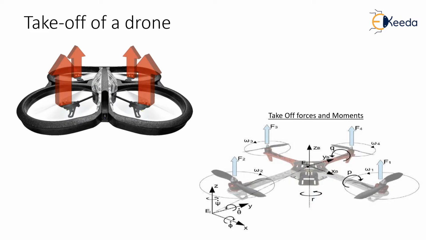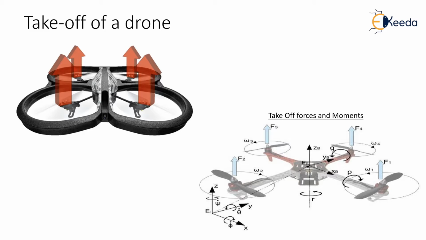upwards. All the forces must be balanced, and the total thrust F1 plus F2 plus F3 plus F4 produced by the propellers must be greater than the weight of the quadcopter, and all the moments produced must be equal to zero for a straight takeoff. The governing equation of the motion in this condition is all moments equal to zero.